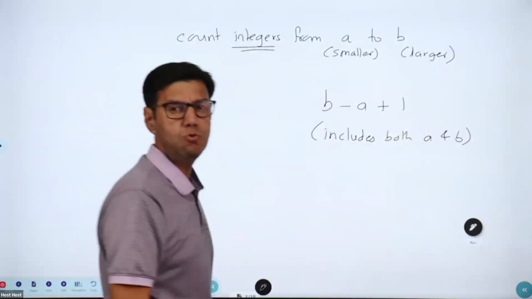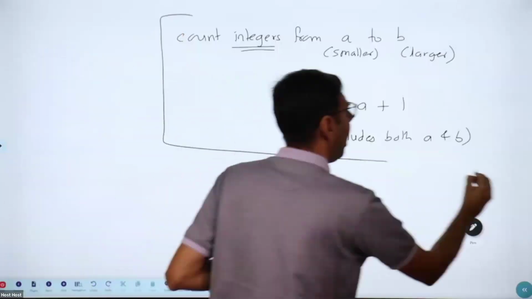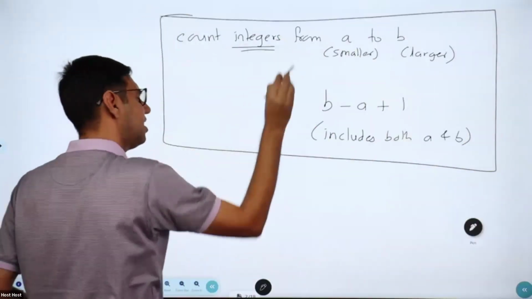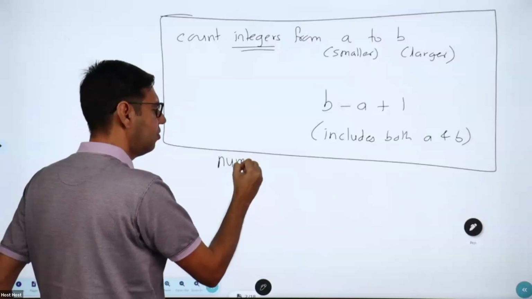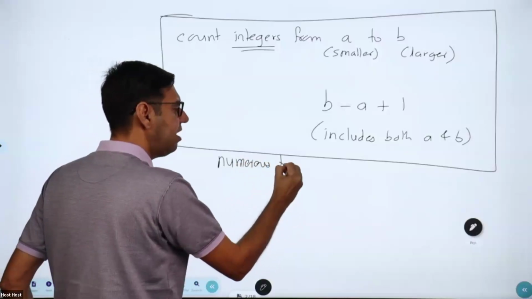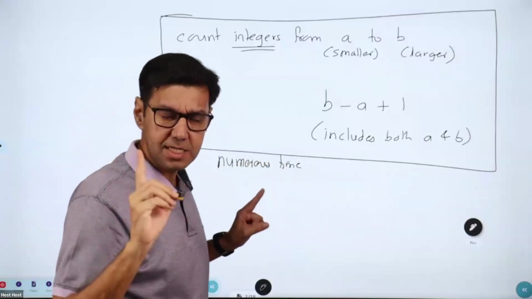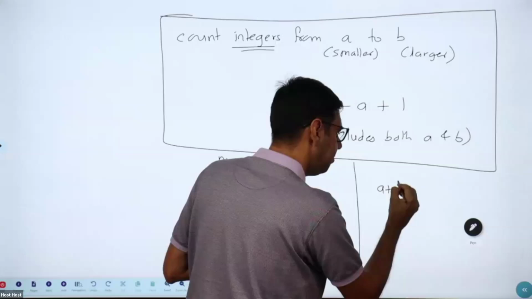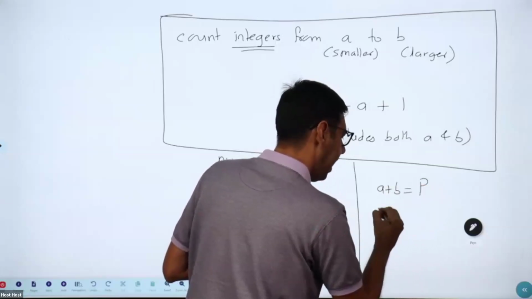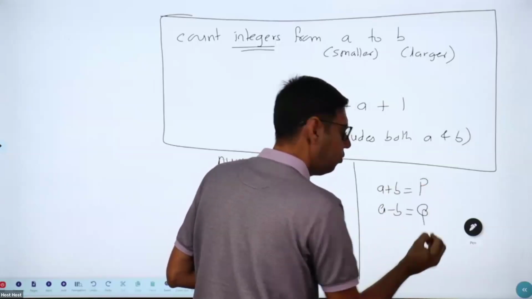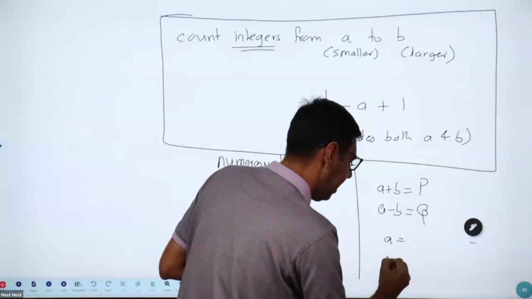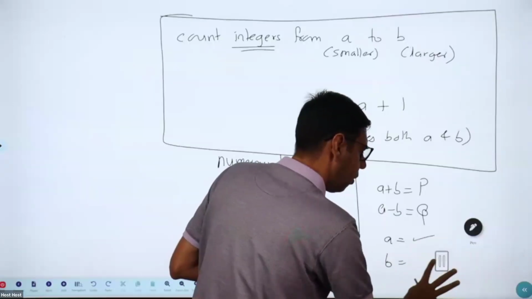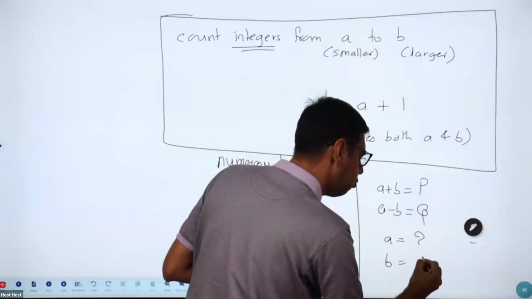This counting is going to be happening countless times, numerous times you are going to do it. Last time I told you something that will happen many times: A plus B is known to you, A minus B is known to you, and you have to find the value of A and B. Okay, and you have to be super fast here.